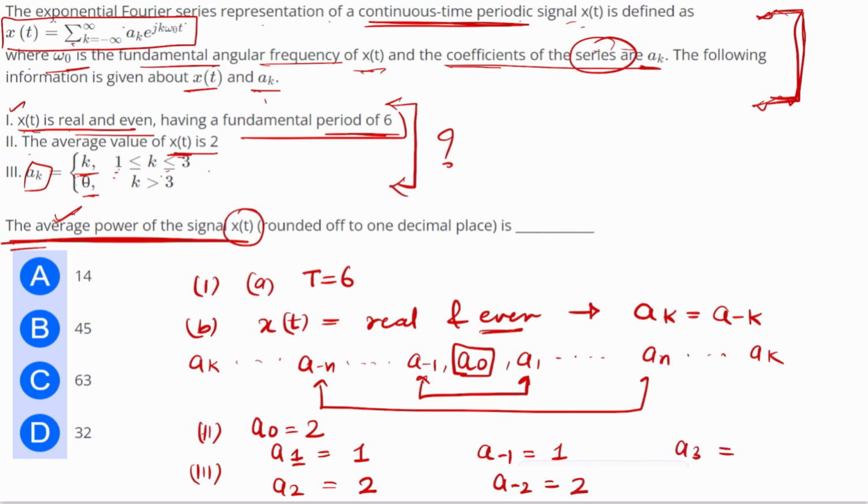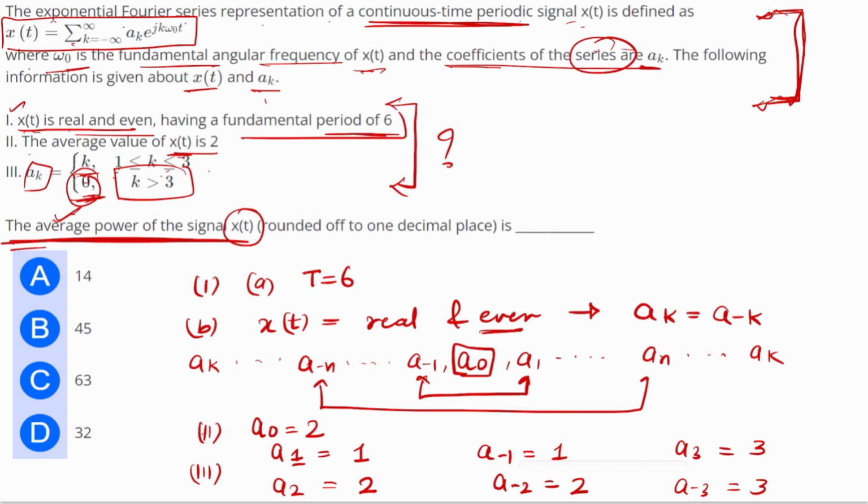Similarly, a of 3 is equal to 3, and a of minus 3 will also be equal to 3. This is how I can define these values. When k is greater than 3, its value is 0. So only six coefficients we have.